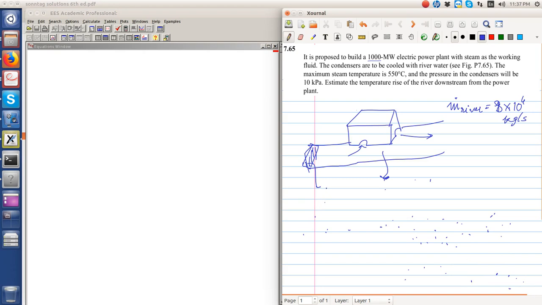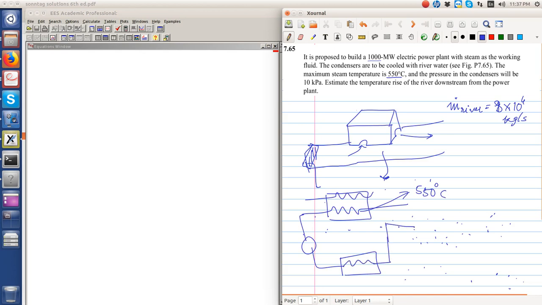So the operation temperature of steam, so this is the boiler, so this is at 550 degrees Celsius. So there is a pump, there's a condenser, and there's a turbine.